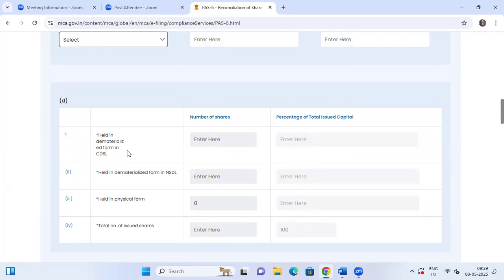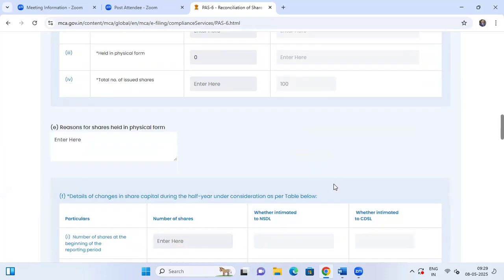Number of shares held in CDSL and percentage, number of shares held in NSDL and percentage, shares held in physical form and percentage, and total number of shares. This should tally with the issued capital.